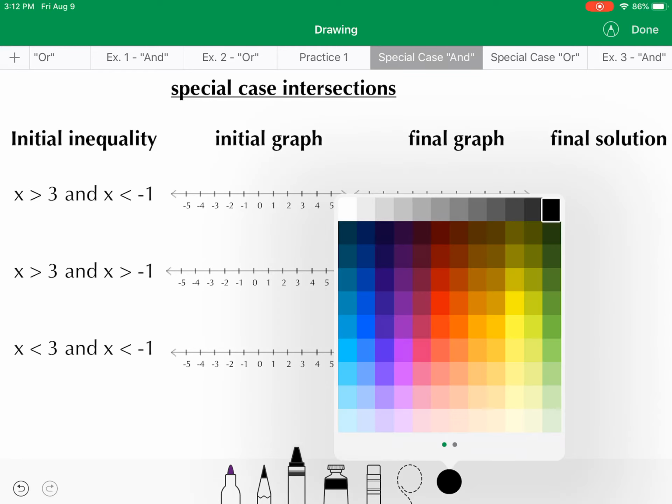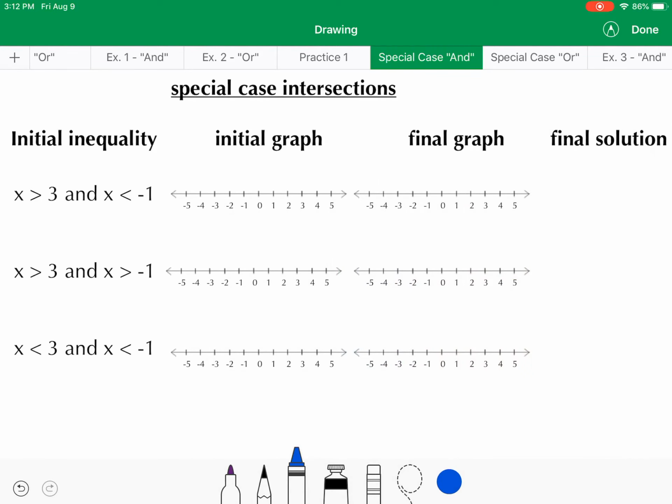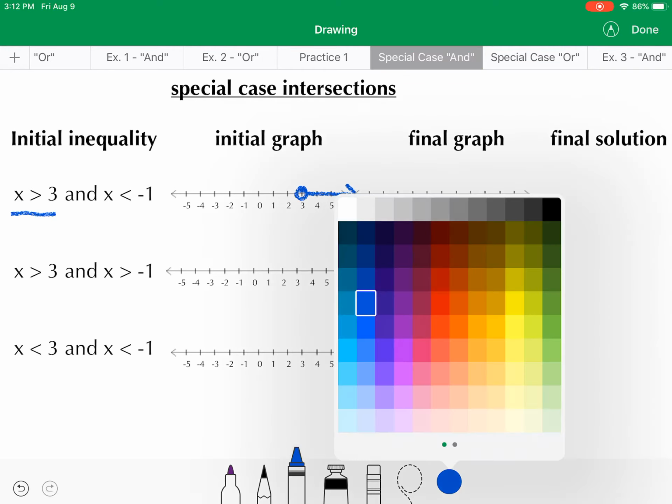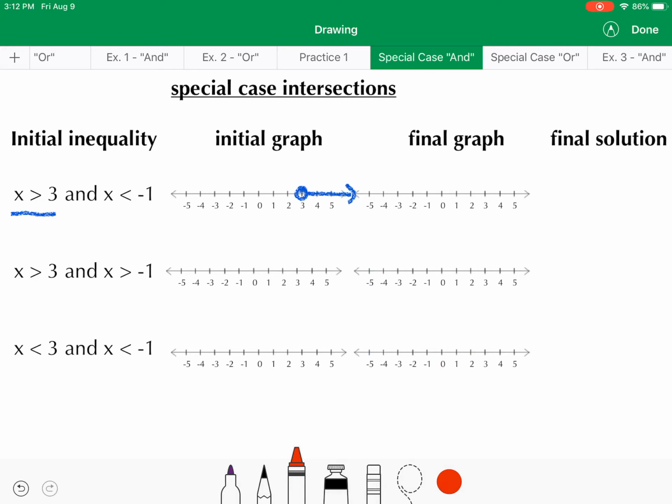All right, the first inequality here, we have x is greater than 3 and x is less than -1. I'm going to graph x is greater than 3 first, then x is less than -1, and I'm using these two lines together to see where the intersection or overlap takes place.